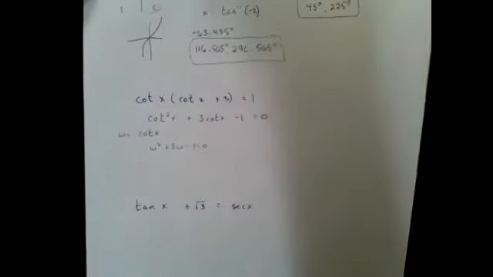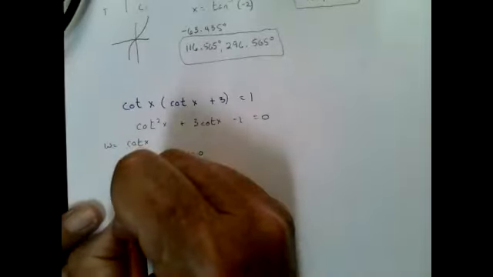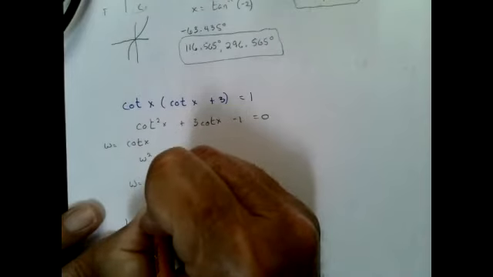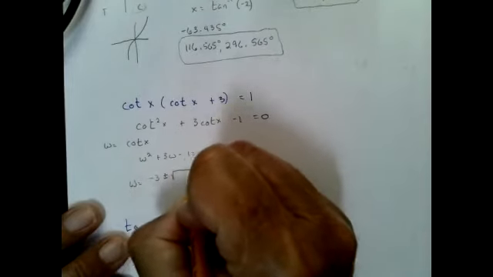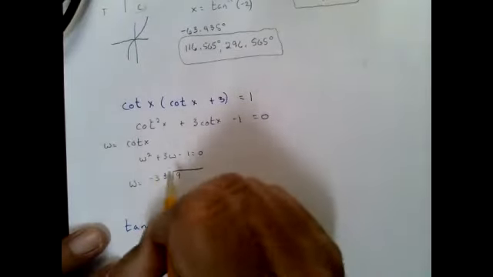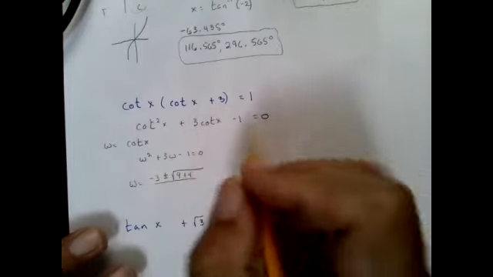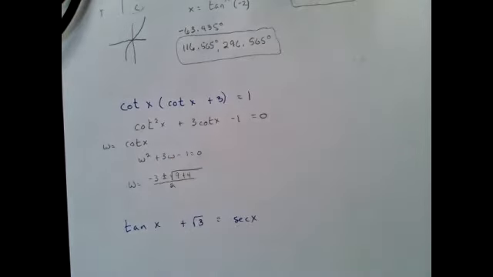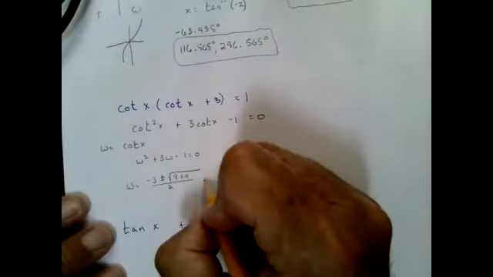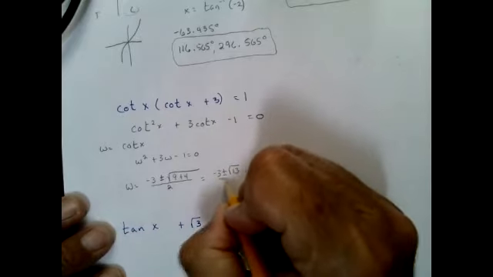If I look at it that way, I can use the quadratic formula: W equals negative B plus or minus the square root of B squared minus 4AC, which becomes plus 4, all over 2A. Really? Yep. Negative 3 plus or minus the square root of 13, over 2.